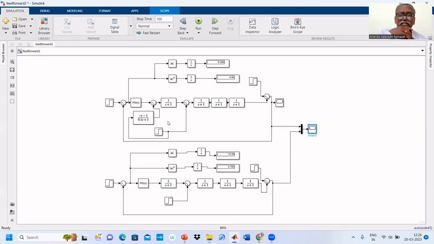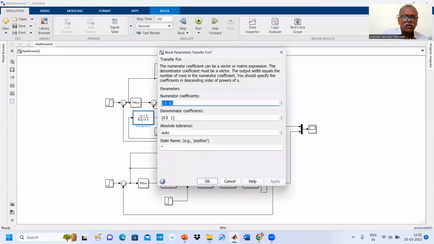So if the controller is not physically realizable, we can deliberately add something in the denominator so that it becomes physically realizable. So if you give instead of 0.1, if you give some other value, say 0.9, how the response is, that we will check.